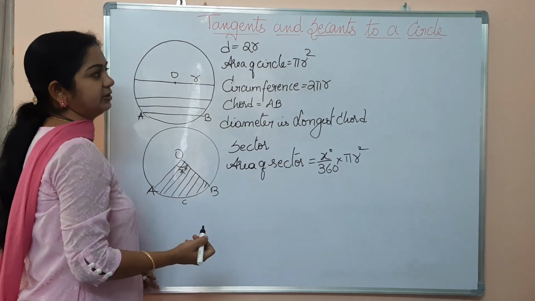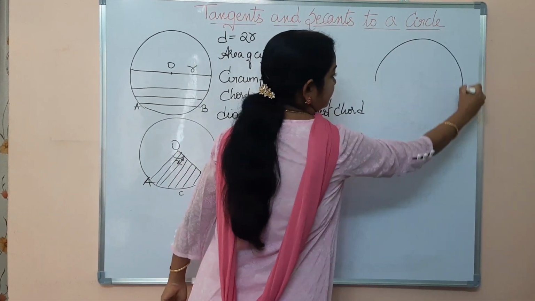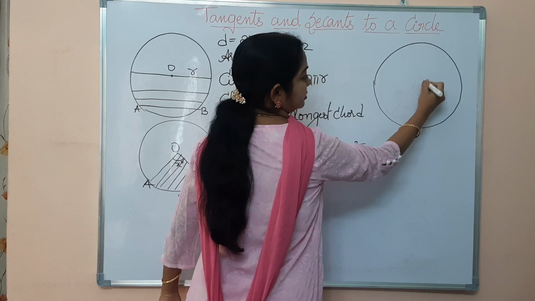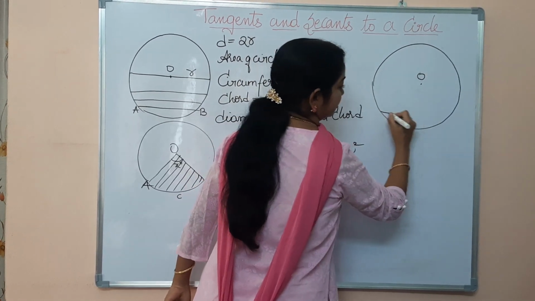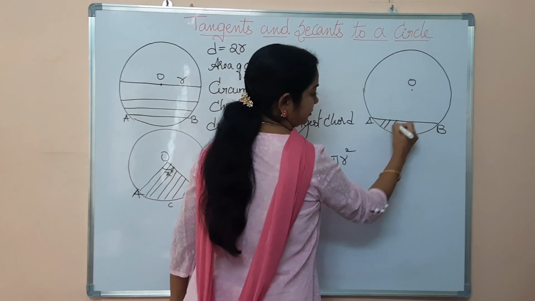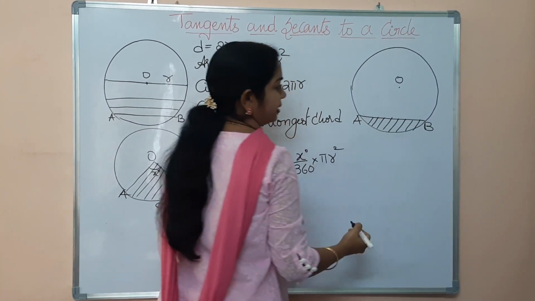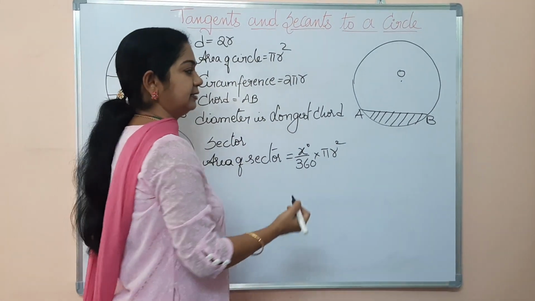Today we learn about the segment of a circle. See the circle with center O. This is the chord AB, and this part is called as the segment of the circle.